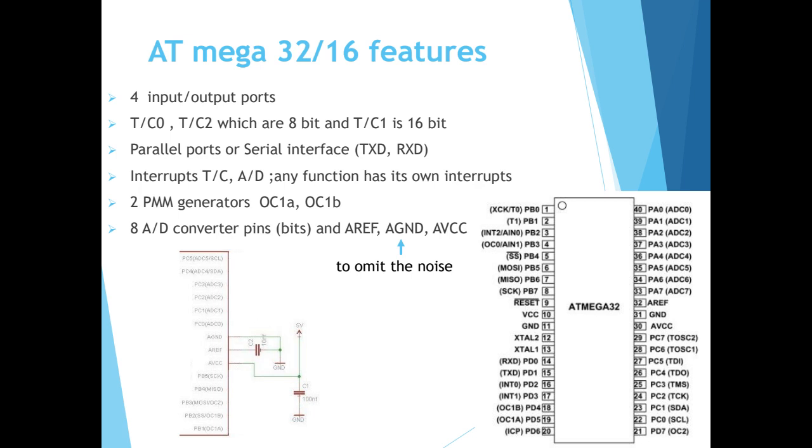These are the pins related to port B: PB0, PB1, PB2, PB3 till PB7. It also includes 8 pins. These are port D's pins, PD0 till PD6, and this is PD7. It also includes 8 pins, and about port C we will have the same thing.